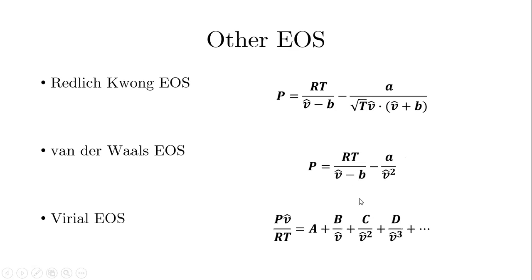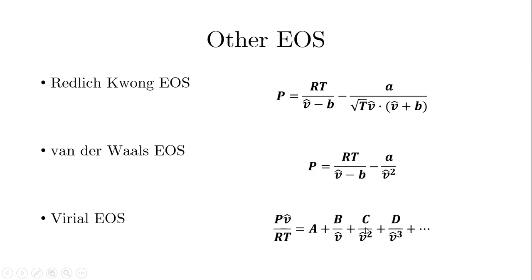There's also the virial equation of state, which isolates PV and RT. So basically, we said that PV is equal to RT. If I divide PV by RT, if it was an ideal gas, this whole thing would be 1. But we say that a non-ideal gas would have some sort of an expansion with respect to volume, and it would look like this.